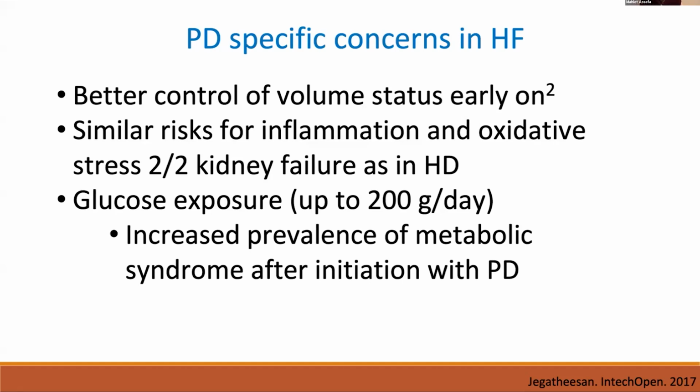Does that dynamic change as well? And otherwise, the risk factors that I talked about in terms of inflammation and oxidative stress in kidney failure also hold up in PD, as they do in HD. And then glucose exposure, again, there's not a ton of conclusive work out there, but some folks posit that there's increased prevalence of metabolic syndrome after initiation of PD.